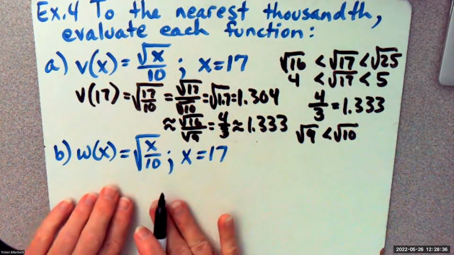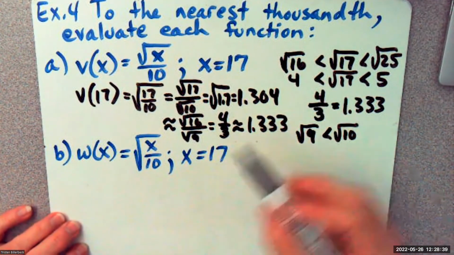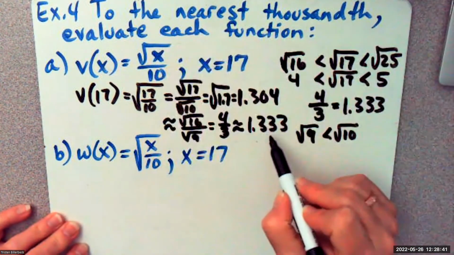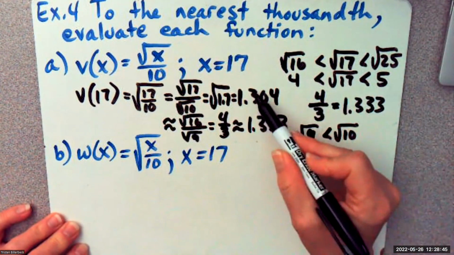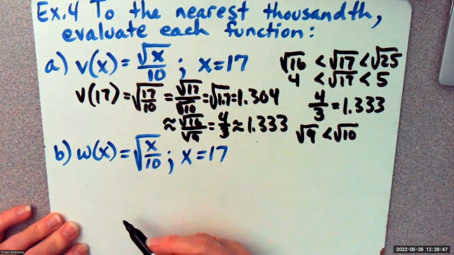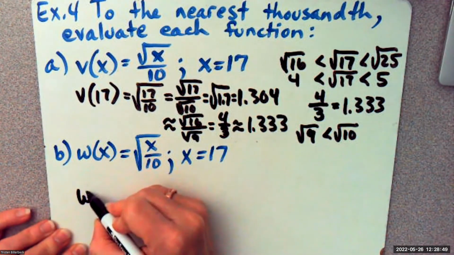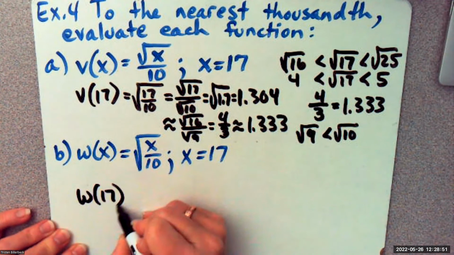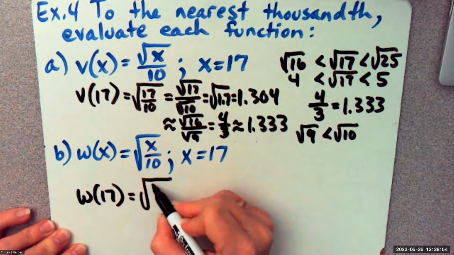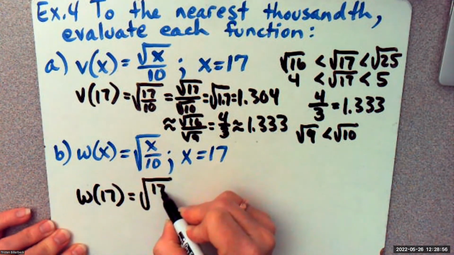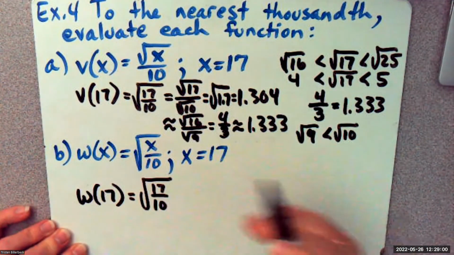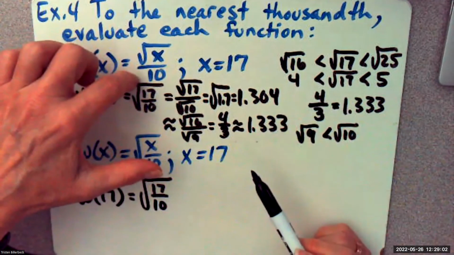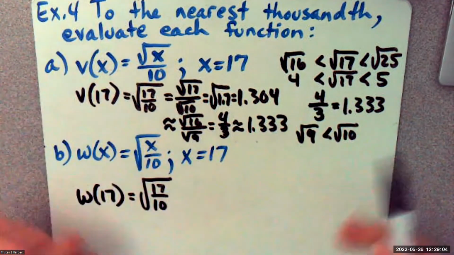All right, so let's try this one and approximate it. We didn't make it to the nearest thousandth. I find that a little high of a threshold, but we did get it to the nearest tenth, which is pretty good. So now let's try w of 17, the square root of 17. Oh, you know what? I just found the wrong one. I did the square root here, so we're going to have to swap those.